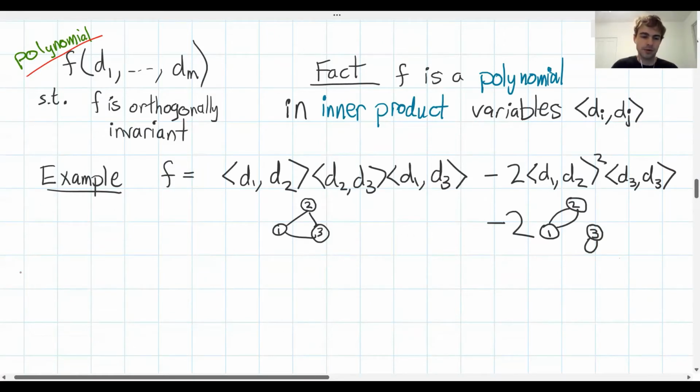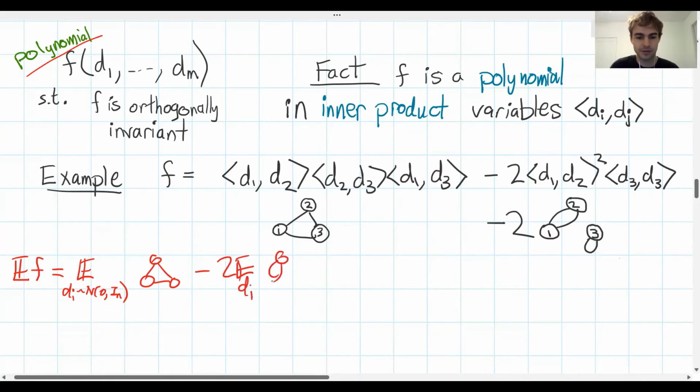Just to get a little more comfort with working with this space, let me compute the expectation of this function f. Again, the expectation is over the vectors di, where each one is a standard Gaussian, and they're chosen independently. I'll represent it for now as a graph that we're taking the expectation over.